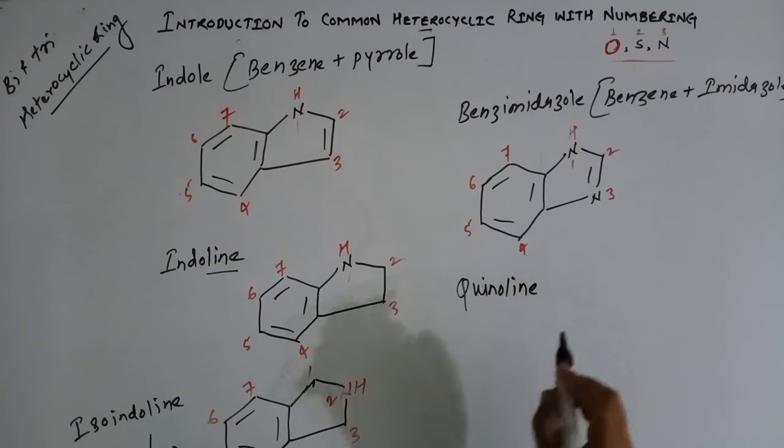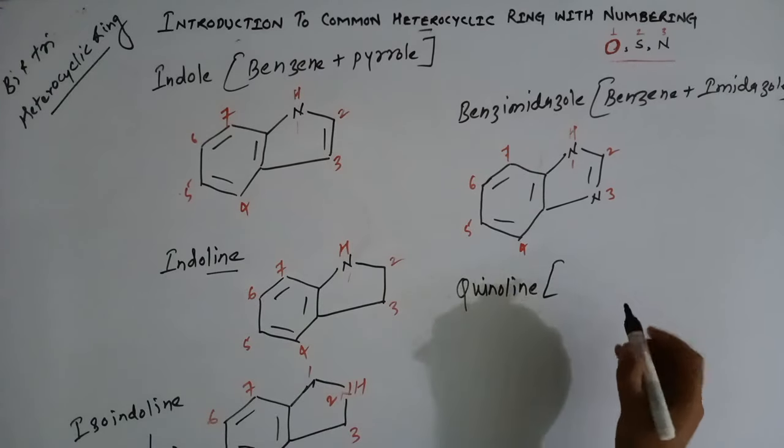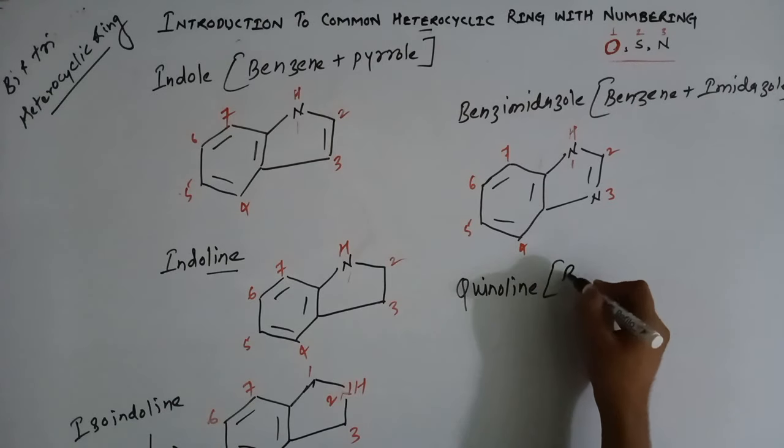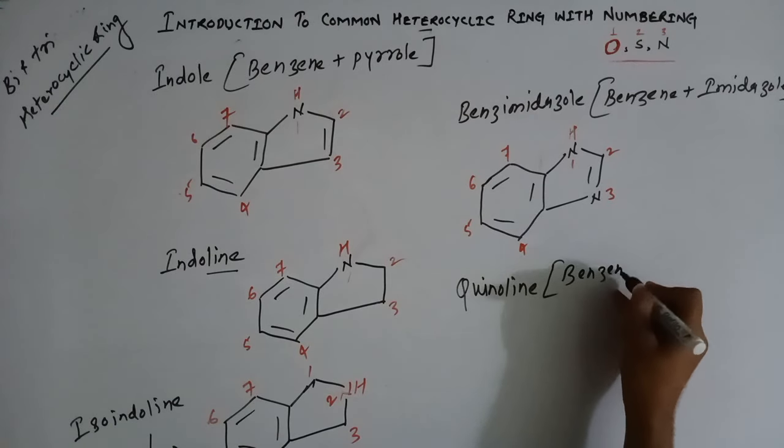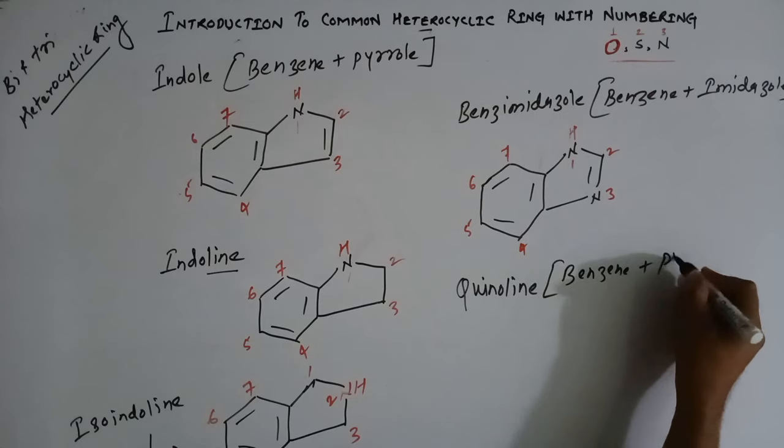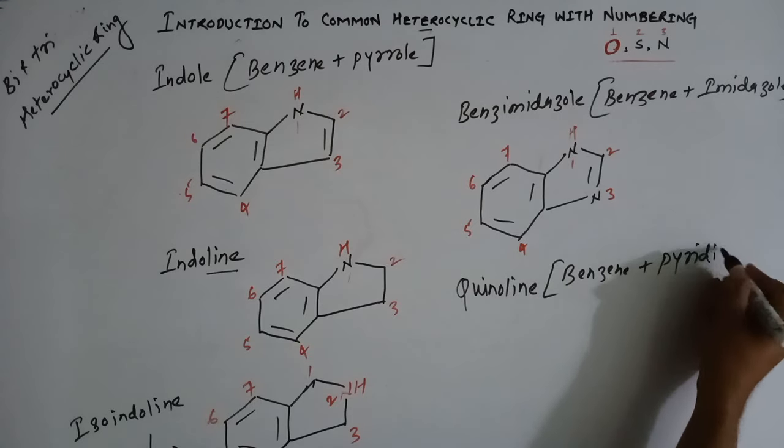The next structure is quinoline. Quinoline is made up of benzene plus pyridine.